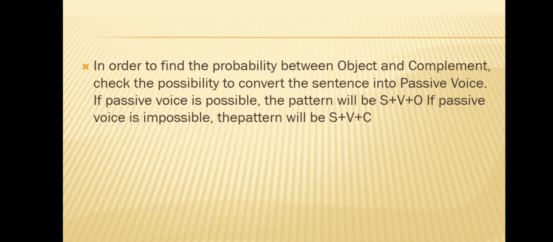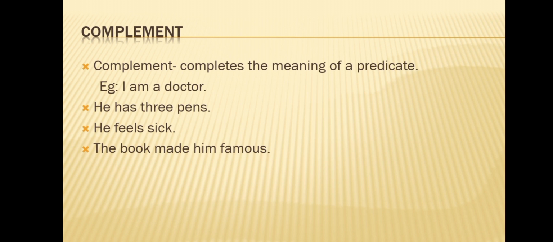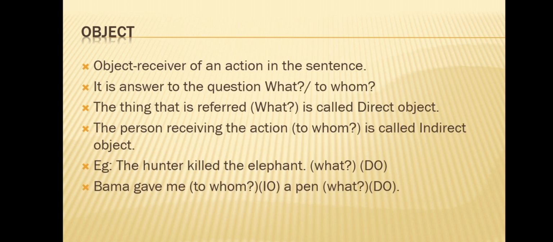You take this example. I am a doctor. You can't convert this sentence into passive voice. And so we have a complement in this sentence, that is, a doctor is a complement. If you take an example for object, take this example, the hunter killed the elephant. You can convert this sentence into passive voice, that is, the elephant was killed by the hunter.